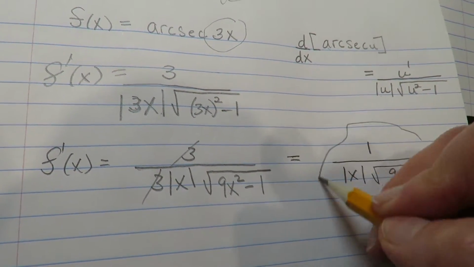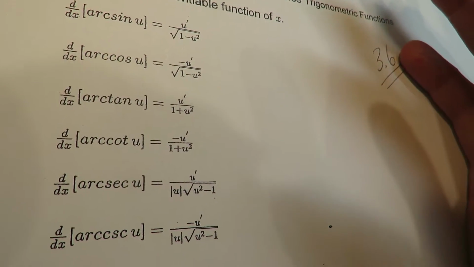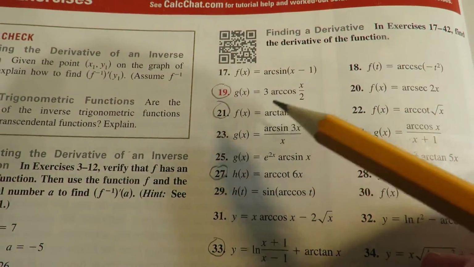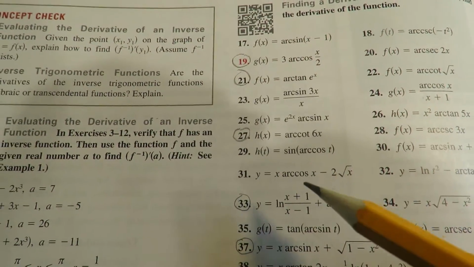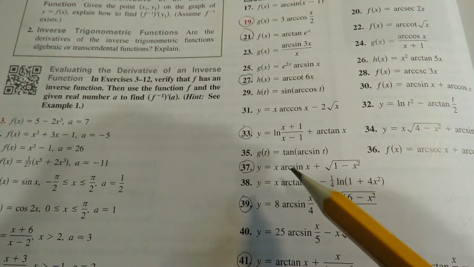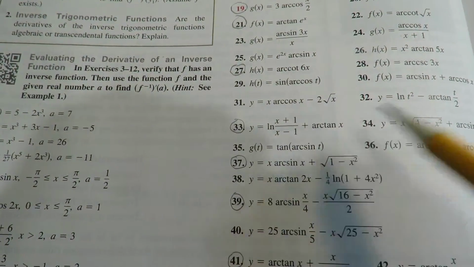All right, so again, the new thing here is these derivatives, they're just strictly formula based. You plug and chug. So when I give you the homework for this, what might make this a little more challenging is that you might have a product with an arctan.